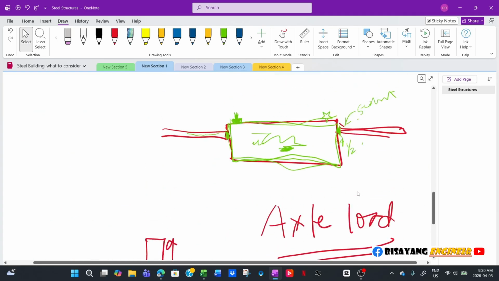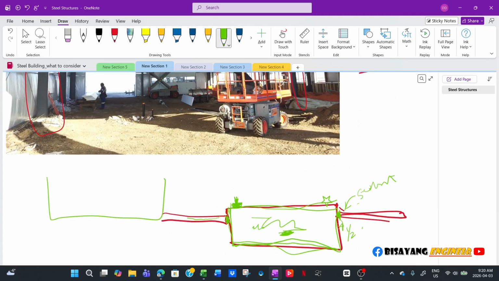Now, if the reaction is really ridiculous and really big, what I will do is, for example, this is my frame here, and this is overhead door one, overhead door two, overhead door three, and I will not apply these loads all together. Sometimes I will use one and three, and then I will make a note that no vehicles enter the building at the same time for adjacent overhead doors.